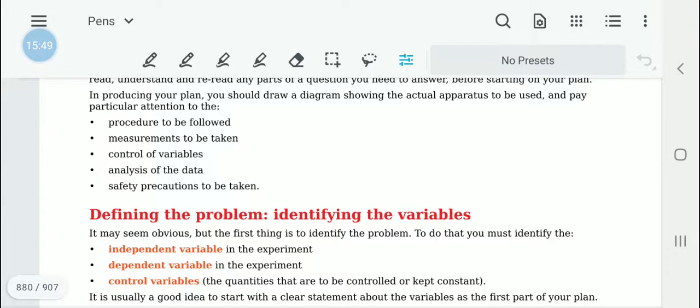Leave a line and write, planning involves: number 1, procedure to be followed. Number 2, measurements to be taken and the equipment used. Number 3, control of variables. Number 4, analysis of the data.